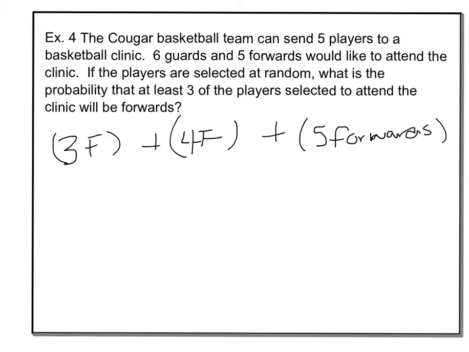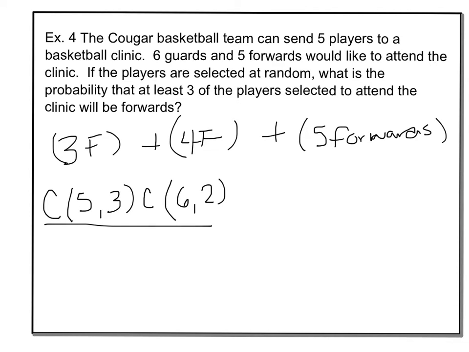If so, you should have had a combination of 5 total forwards, and you're picking 3. And then since you need 5 players, you also had to have a combination of 6 guards, and you're picking 2 that are left over. All over the total number of players that could be chosen from, 11, and you are choosing 5 players to go.